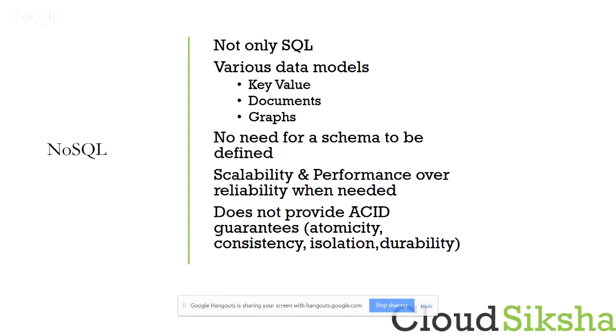Sometimes people say there is no SQL there, in the sense that there is no query and other things happening. And in other cases, they say this is not only SQL. Now, NoSQL has multiple data models, basically something like key values, documents, graphs, etc.